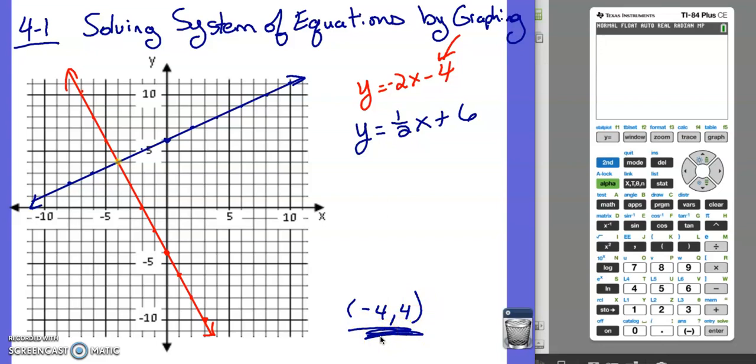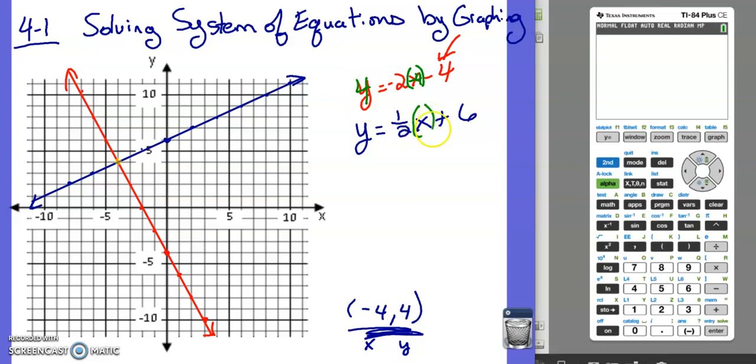Now, there's a couple ways to check this. This is your x, y. So if I say -4, 4 is my answer, that means if I substitute -4 into my x, right here, then I should get +4 for my y. And then you should be able to check it out to see if it does. Well, the same thing here.